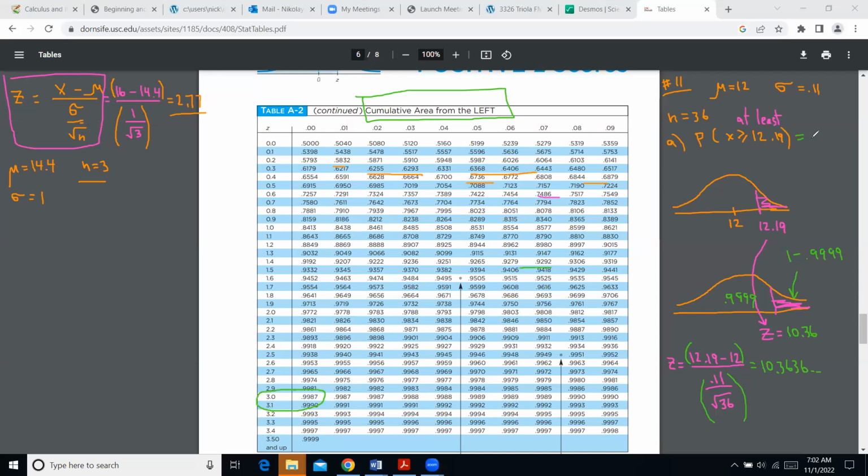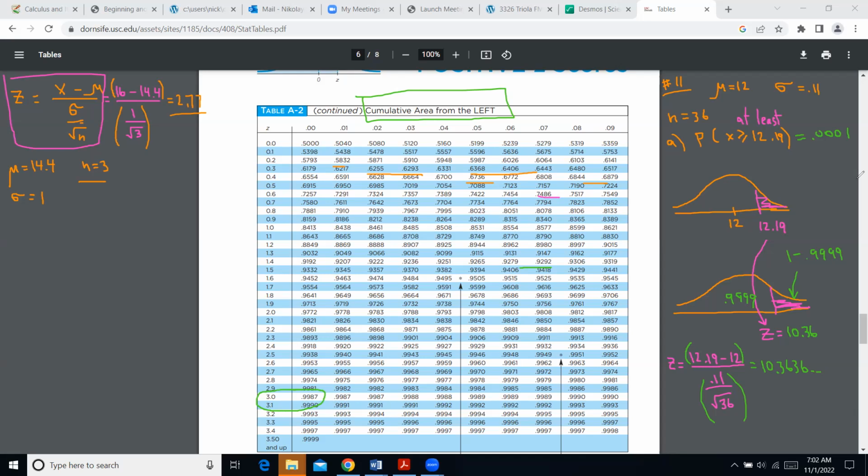the answer 0.0001. This is an extremely small number, so the probability that this is going to happen is very, very low. No chance, in other words, it's less than 1%.